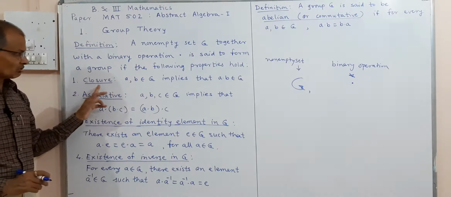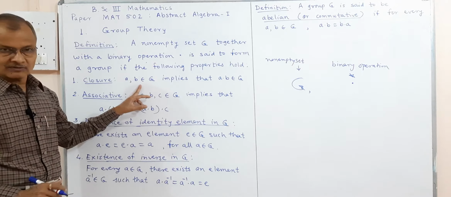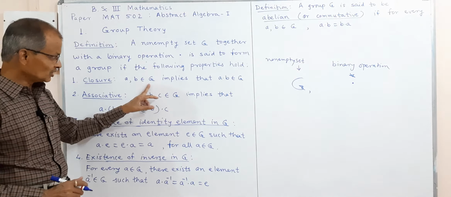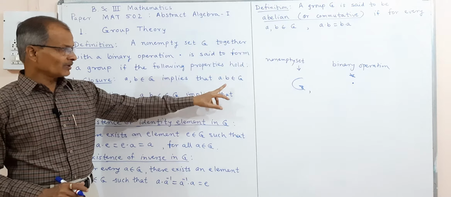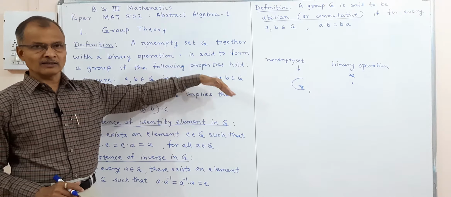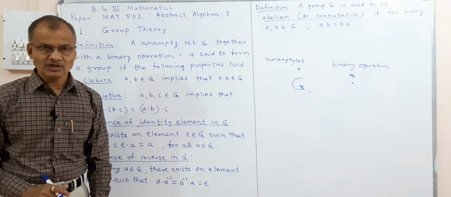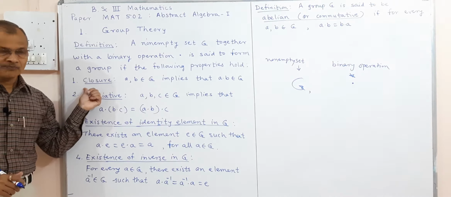The first is closure: ab belongs to G for any two elements a and b in G, that implies their composition a dot b, the resulting element, is again in G. That type of operation is known as closure.